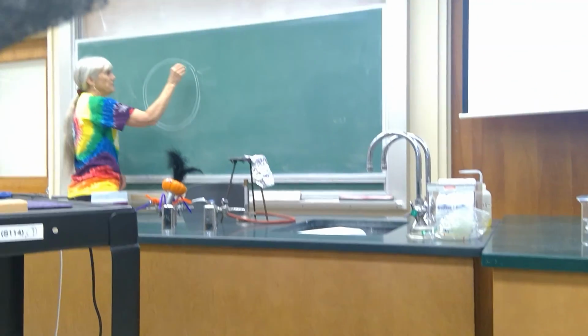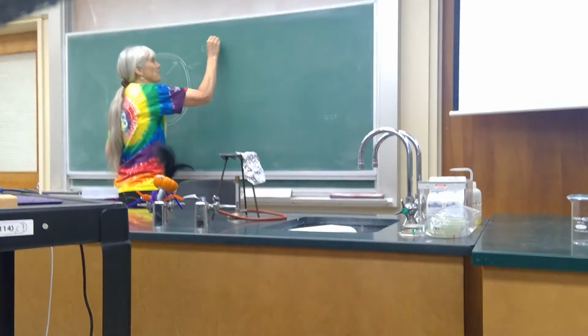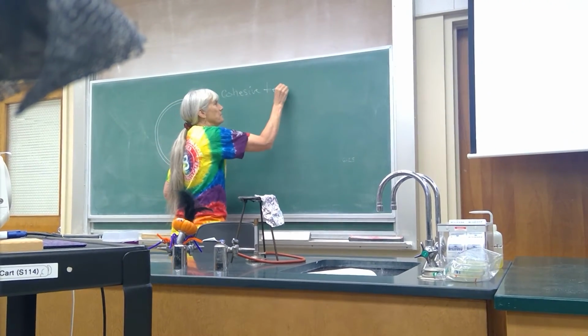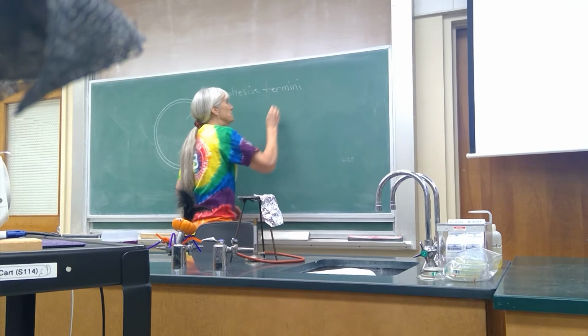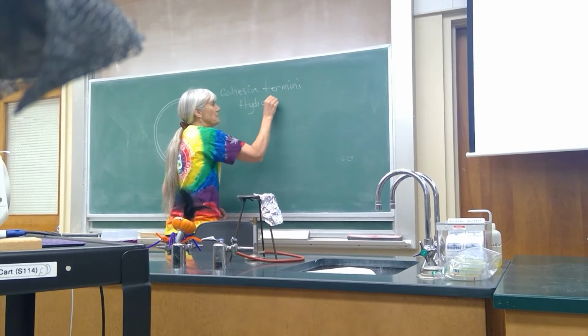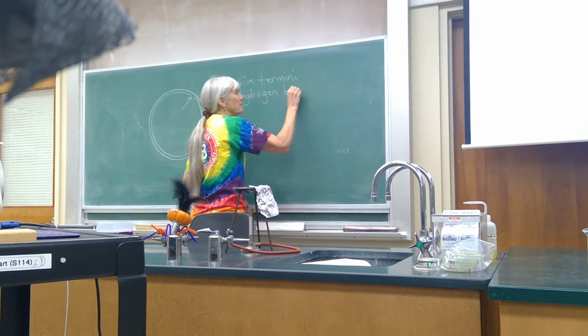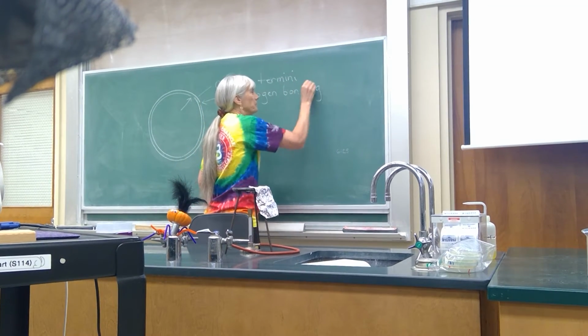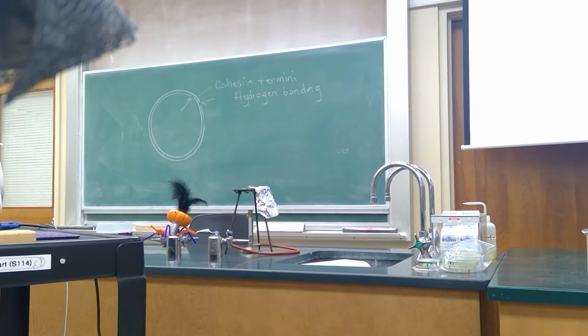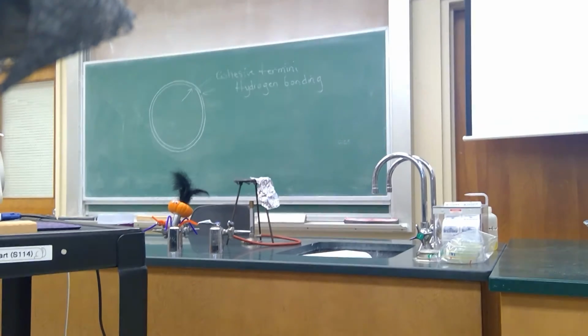The only thing that's holding this in a loop shape is this. These things are called cohesive termini. So there's hydrogen bonding here. Otherwise, those things would be separate. So again, it's not a covalently closed loop, it's only held by hydrogen bonding.